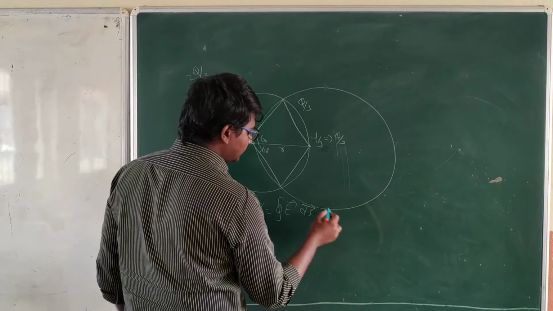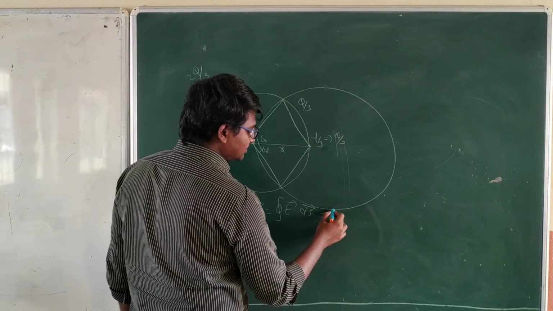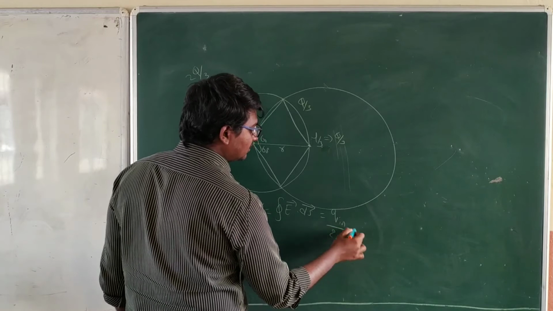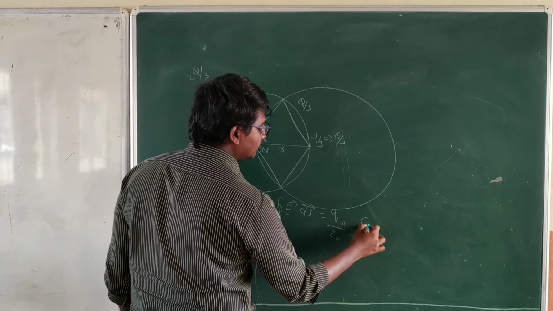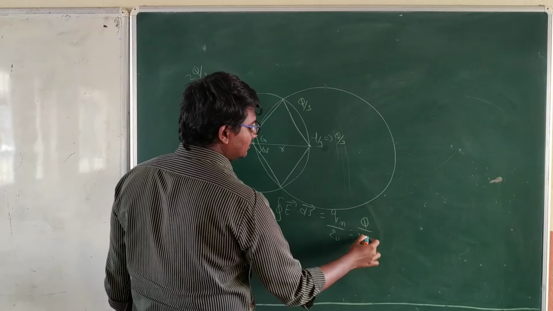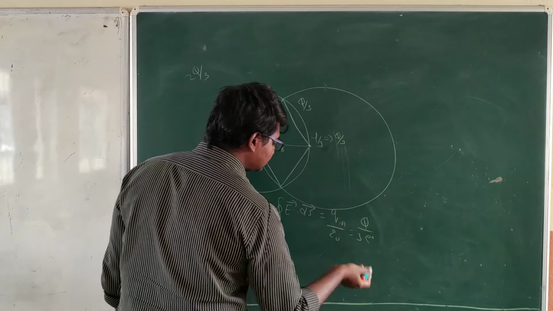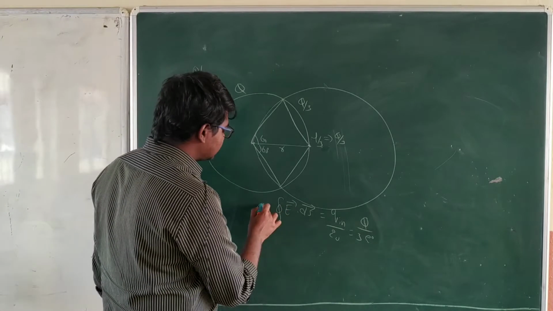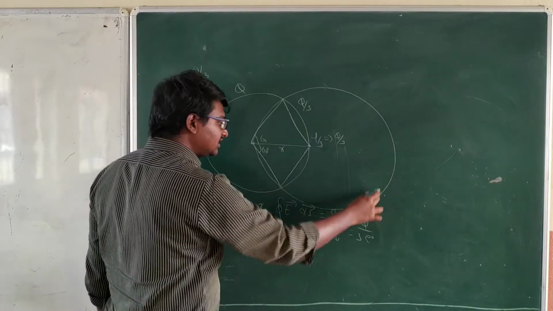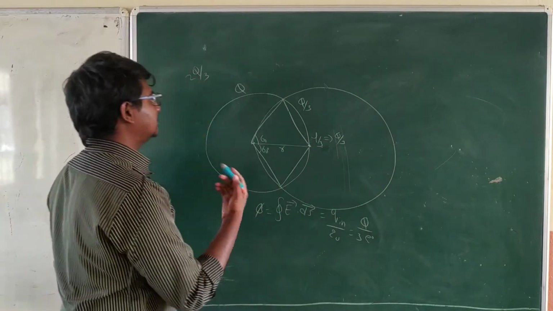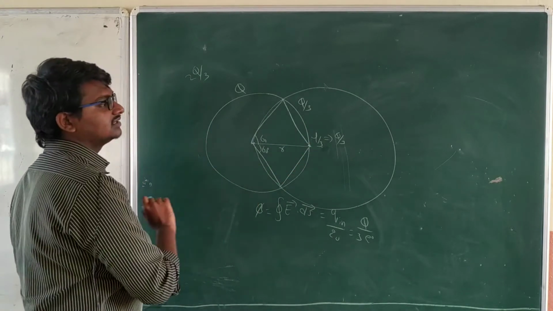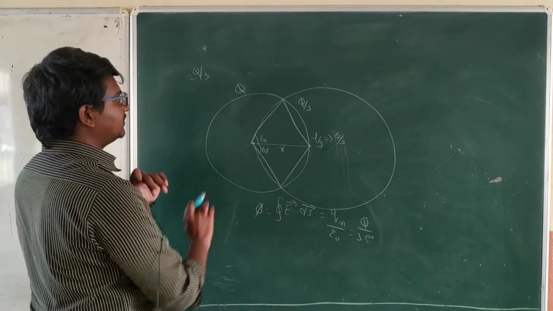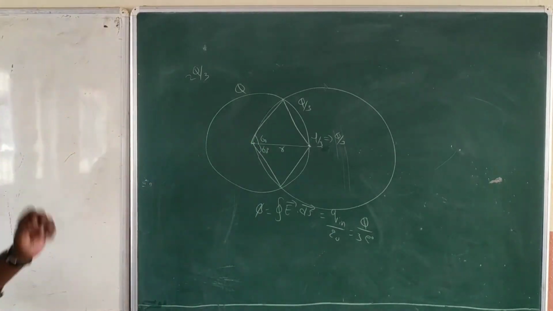And we know the Gauss formula, integral E ds is equal to q inside by epsilon naught. What is q inside? That is q by 3, so the flux is q by 3 epsilon naught, which is enclosed inside the spherical surface due to this ring placed in this particular manner. That's it.